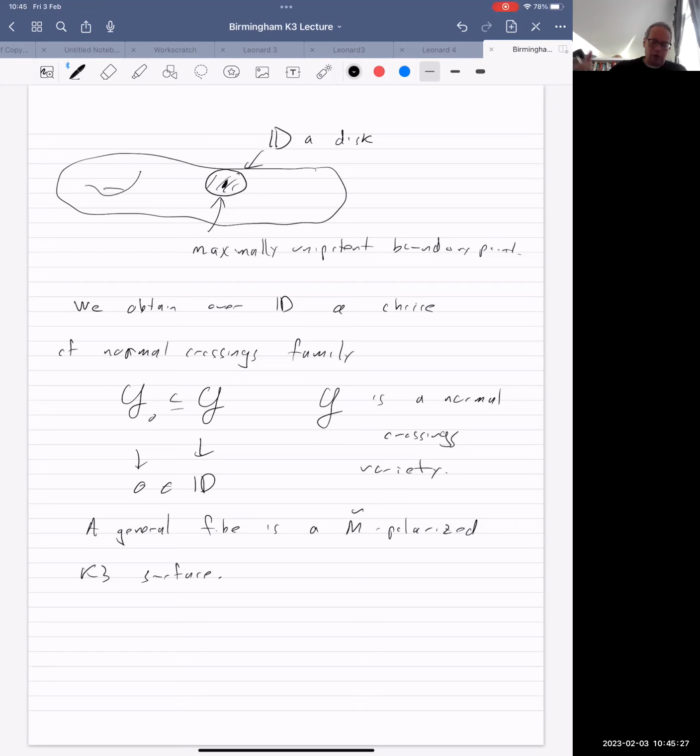There can be many choices of models Y, and they're all birational to each other.